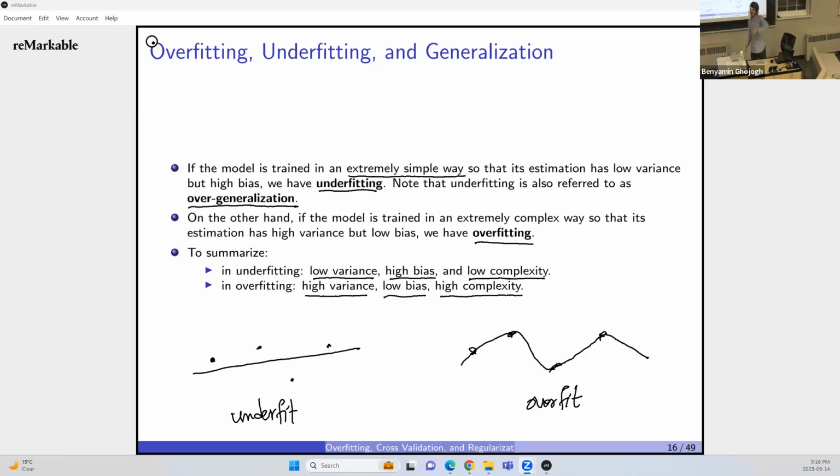We don't go much up and down, right? The variance is low. The bias is high. Why? Because I have a lot of error. In overfit, it's the other way around. The variance is high, it goes up and down. The bias is low. In underfit, we have low complexity. In overfit, we have high complexity.